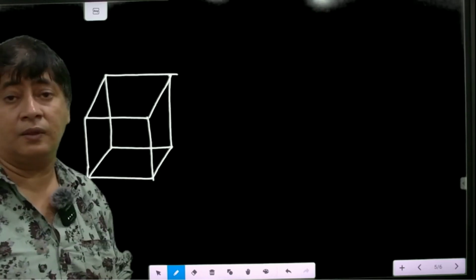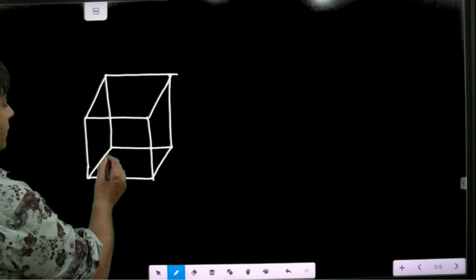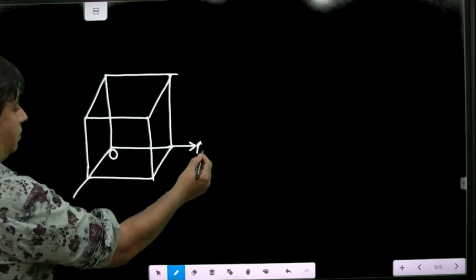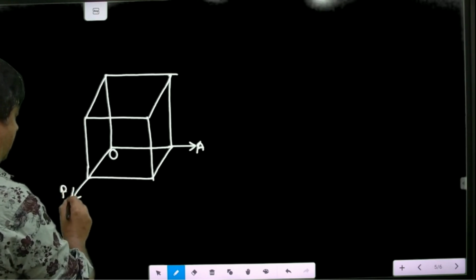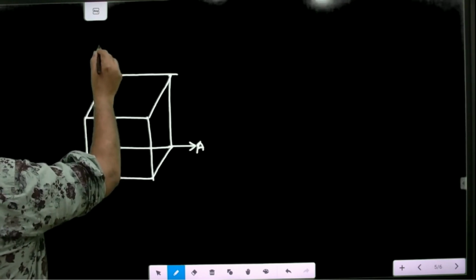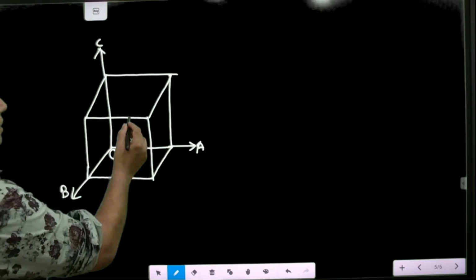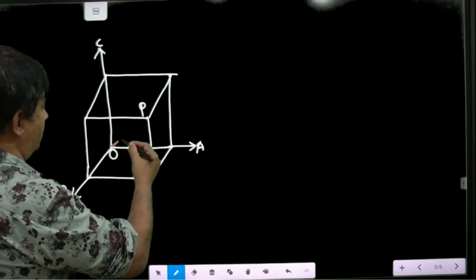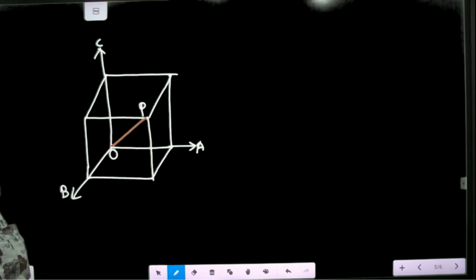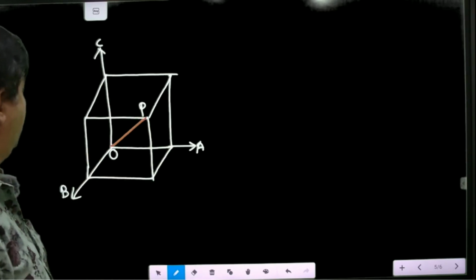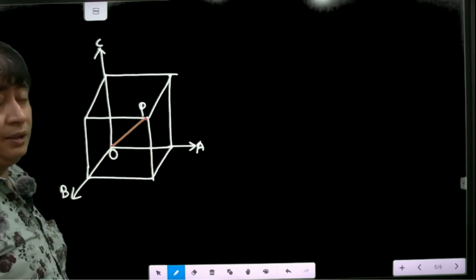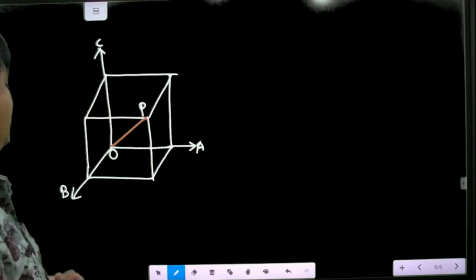And that point is P. Understand? That point is P. If I join, I will get what? The leading diagonal, the leading diagonal of a cube. You are taught that in mensuration.